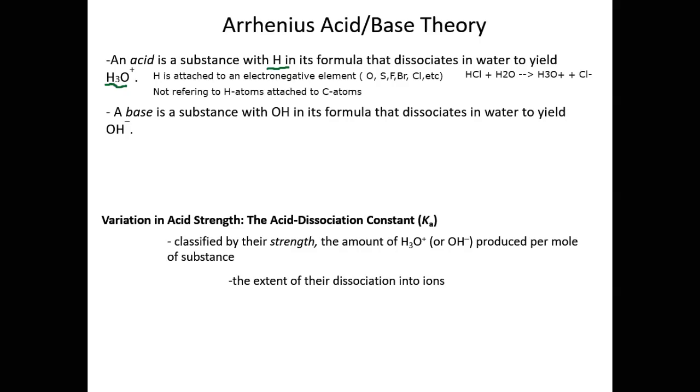Now a base is a substance that has hydroxide in the formula and dissociates to form the hydroxide ion. So these are usually going to be your group 1 and heavier group 2 hydroxides, because those are also the strong bases.